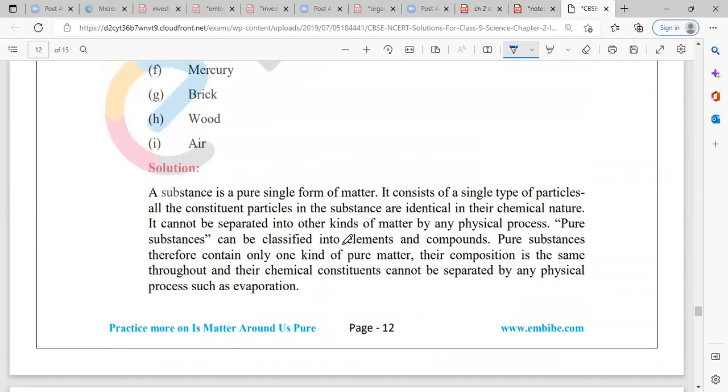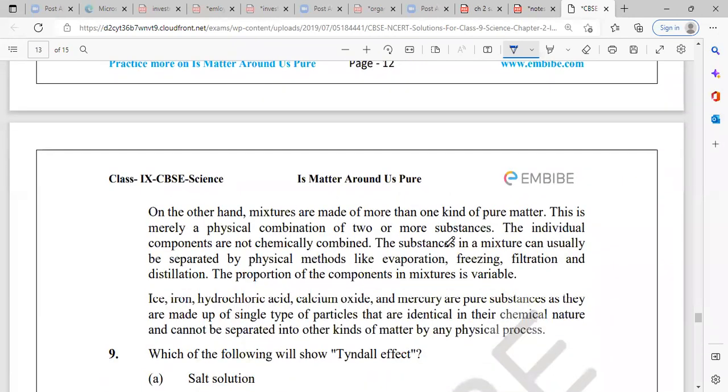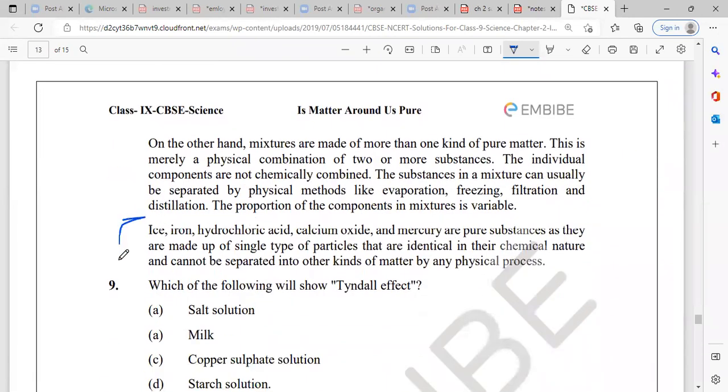Pure substance can be classified into elements and compounds. Their composition is the same throughout. On the other hand, mixtures are made of more than one substance. So ice, iron, hydrochloric acid, calcium oxide, and mercury are pure substances, as they are made up of a single type of particles that are identical in their chemical nature and cannot be separated into other kinds of matter by any physical process. So you will write this. Clear?